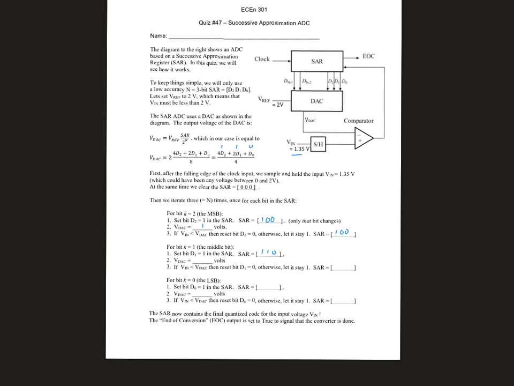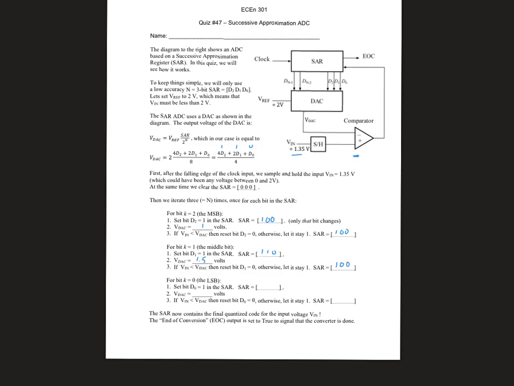So that's 3 halves or 1.5 volts. And 1.35, now when we do the comparator here, 1.5 is bigger. And so that bit does not get set. So the SAR still reads 1, 0, 0.